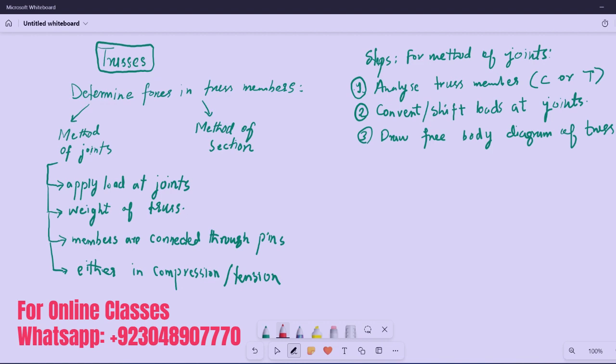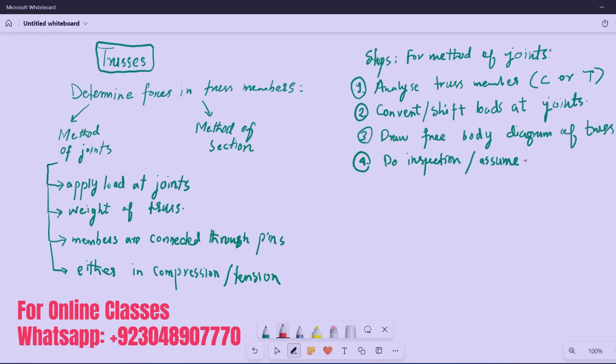Then after that, you're going to assume that some of the members are in tension or in compression. So do the inspection of members, and based on that, you are going to assume the unknown forces.